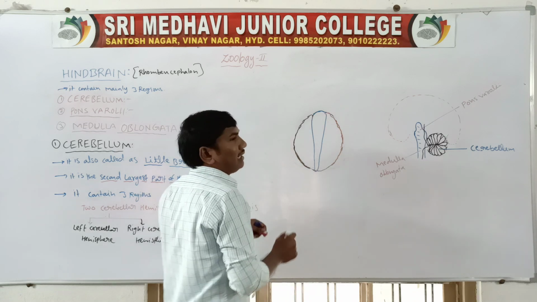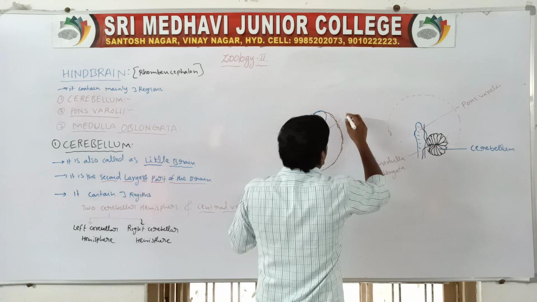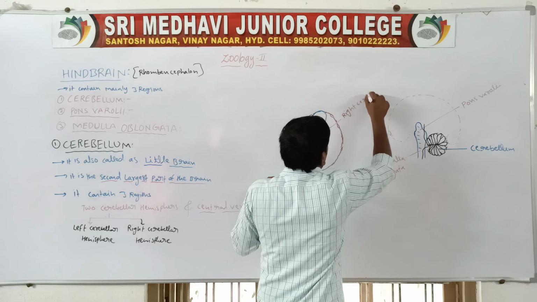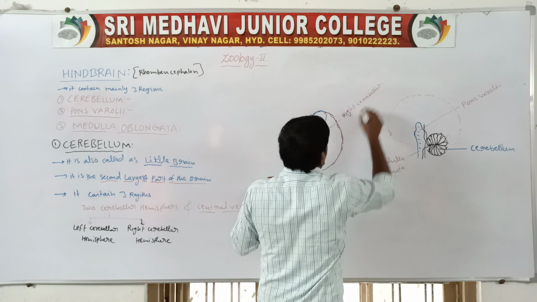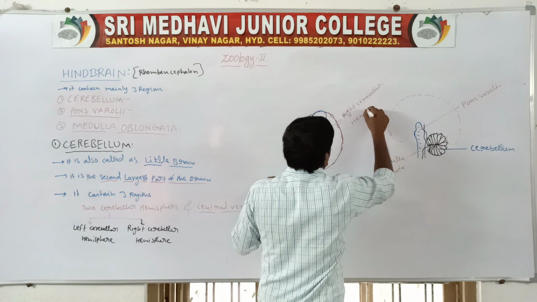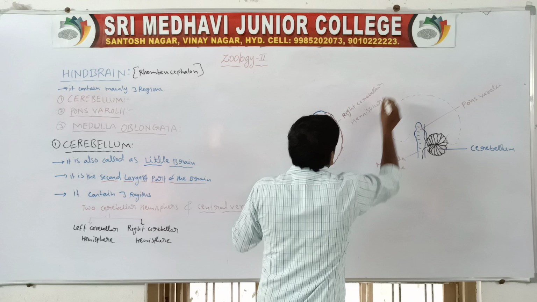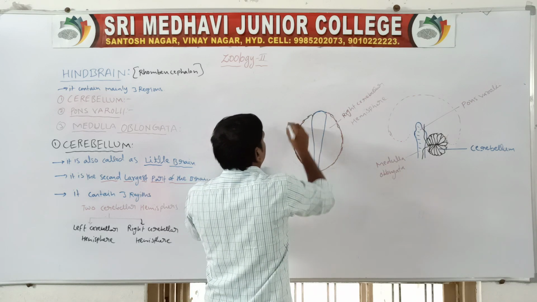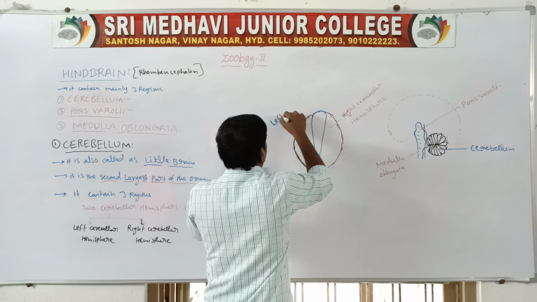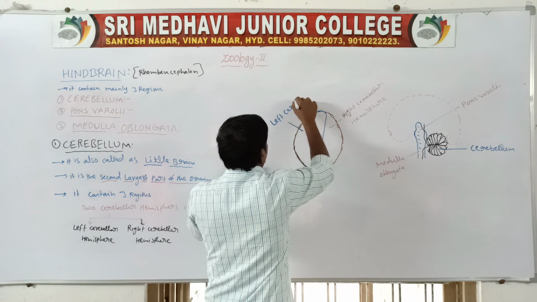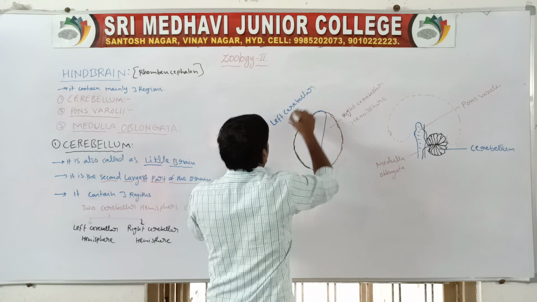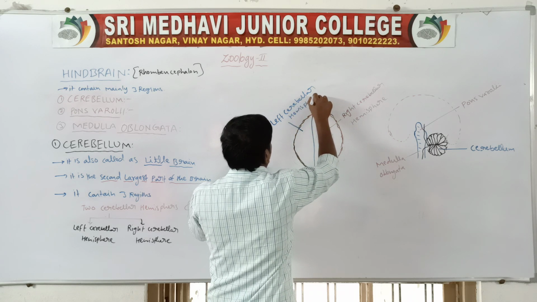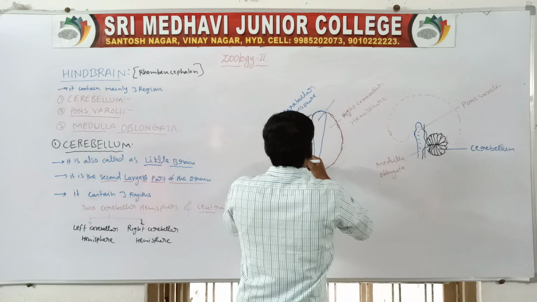So they are the three regions. This is the right cerebellar hemisphere. Next, this is the left cerebellar hemisphere. This is the central vermis.